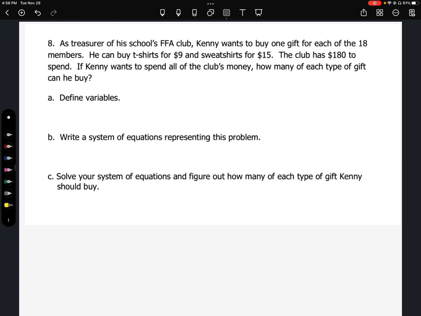All right, so let's go ahead and get started. First thing, what is it asking us to find? If he wants to spend all his club's money, how many of each type of gift can he buy?